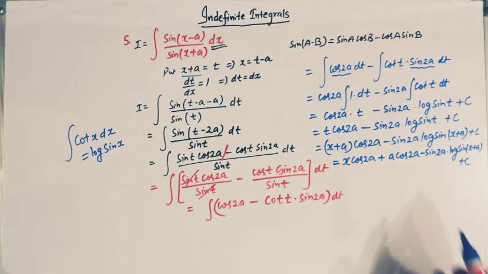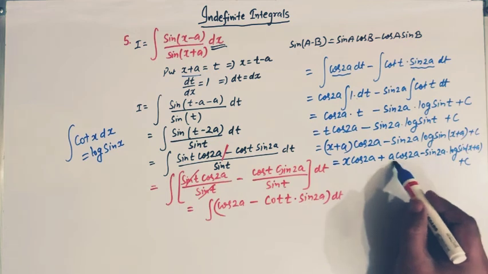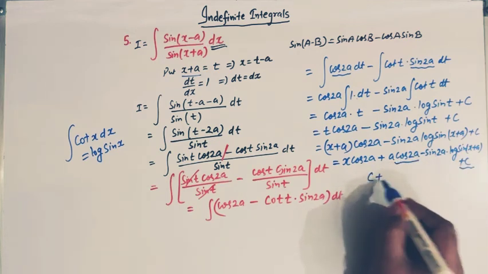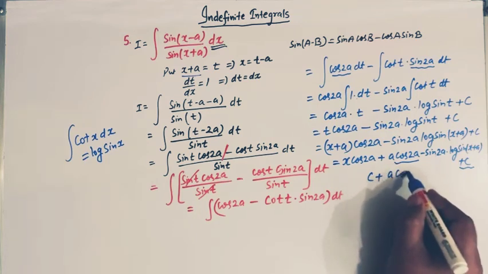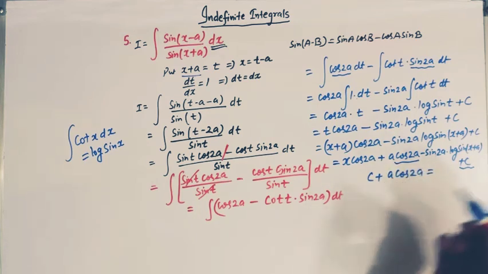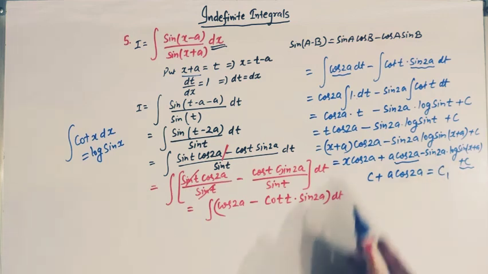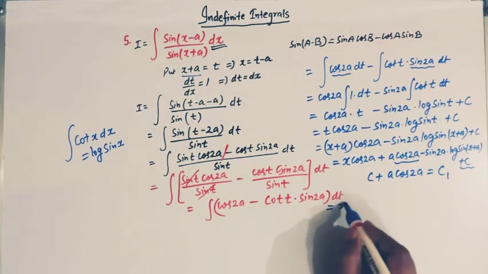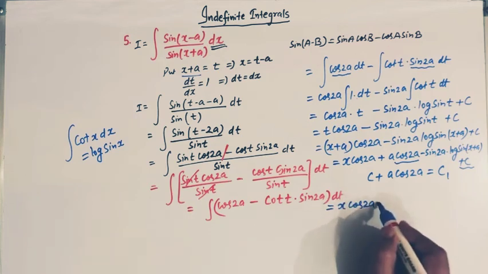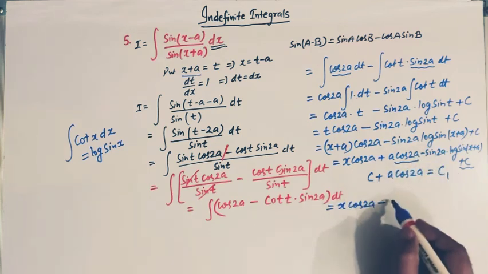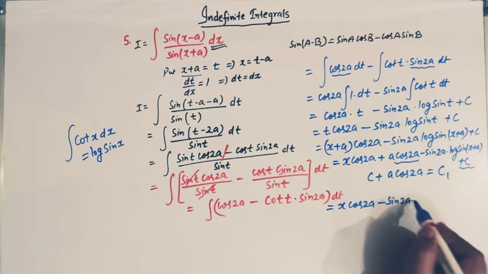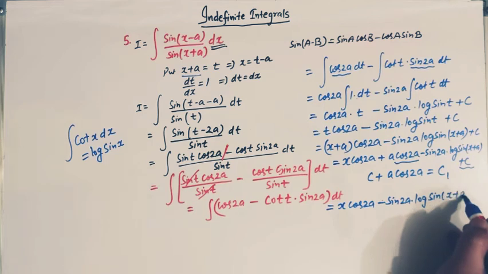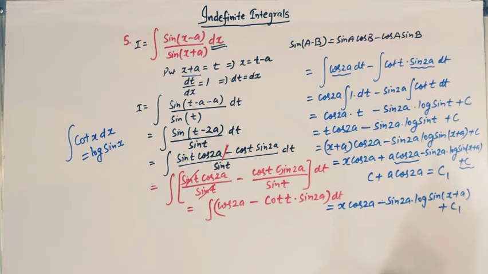Now a cos 2a and c both are constants, so we can replace c plus a cos 2a by some other constant, say c1. So the integral of this function can now be written as x cos 2a minus sine 2a log of sine of x plus a, plus c1.